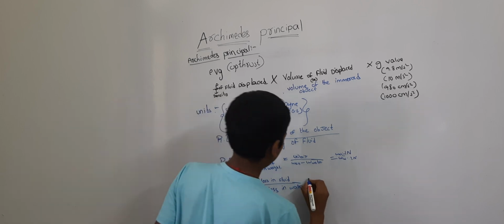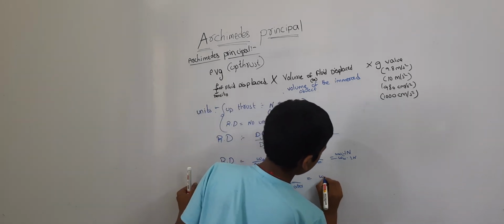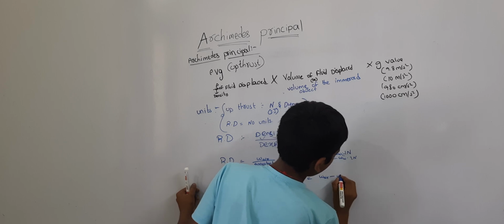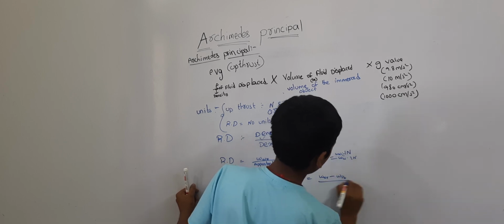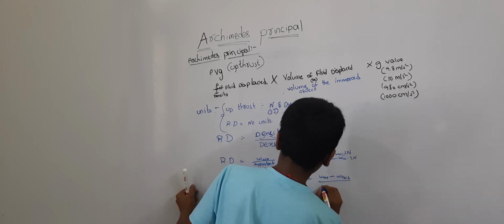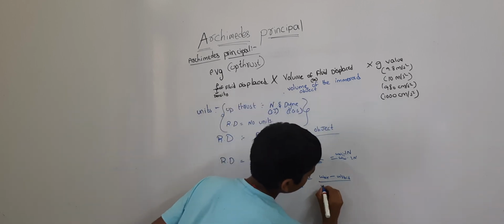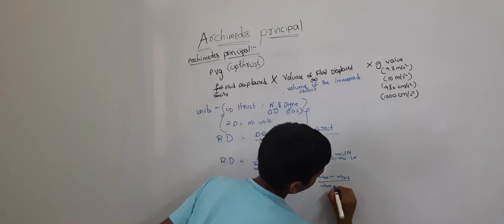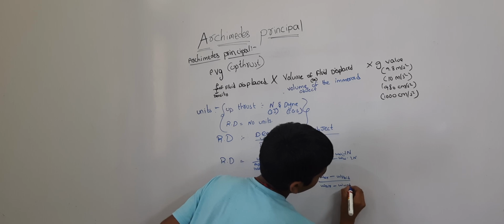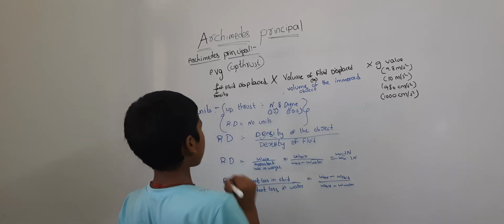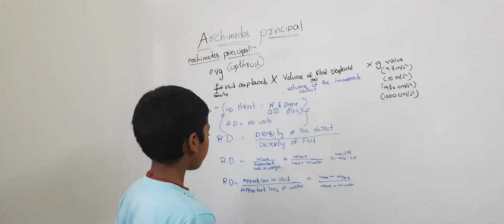We can write apparent loss in fluid equal to weight in air minus weight in fluid. Next, apparent loss in water equal to weight in air minus weight in water. This is another formula for relative density.